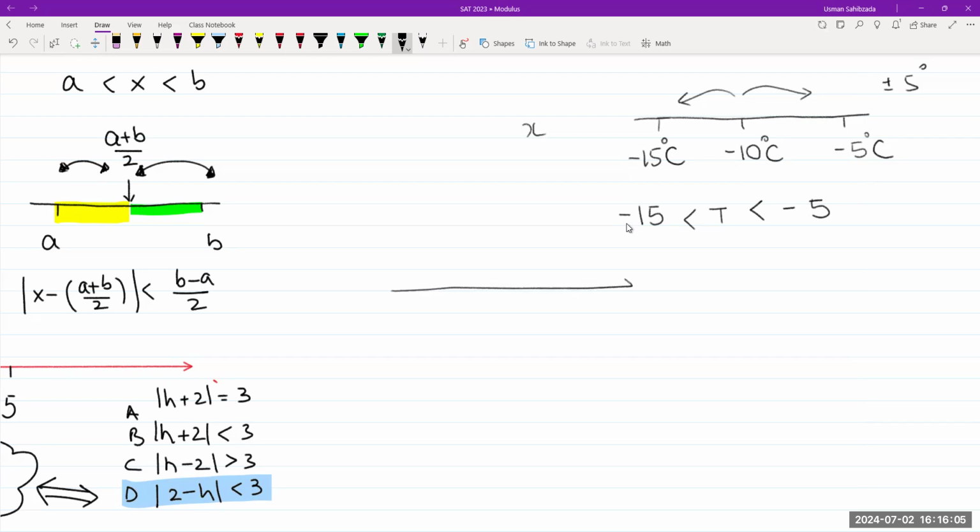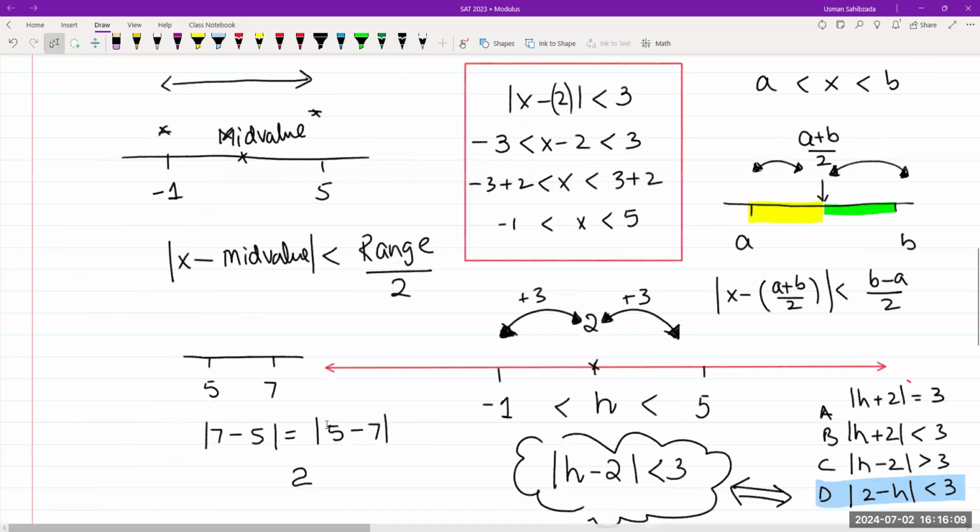We talked about this formula yesterday, that what modulus does is it talks about the distance. Distance of what? These bars that I have labeled, they represent distance.